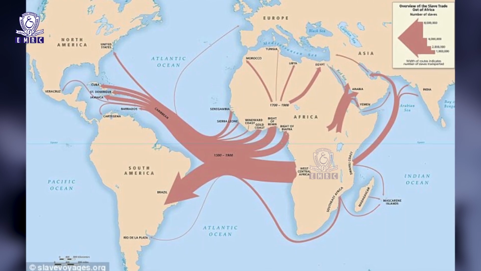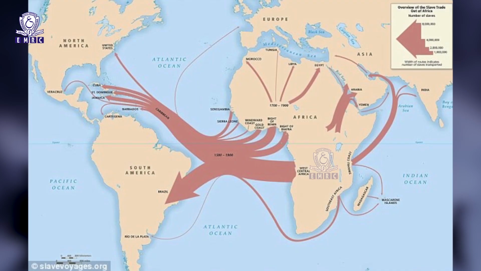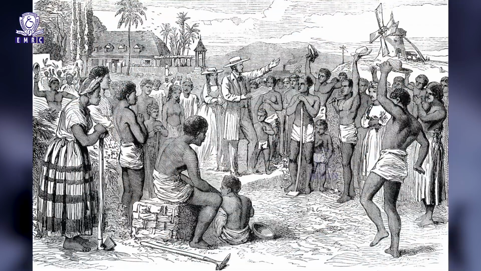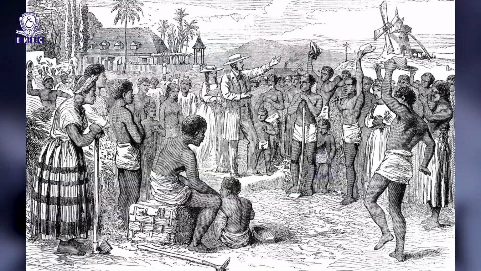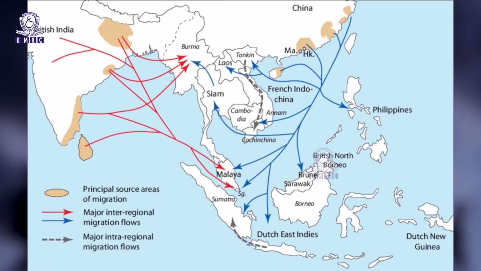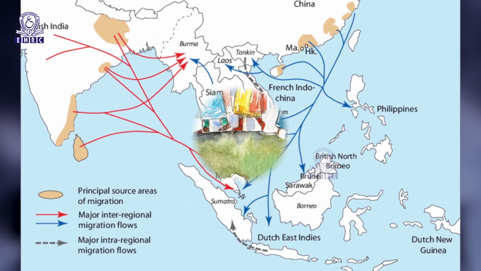The first phase of emigration from Asia to countries of America, Australia and Eastern Africa began as a result of the abolition of slavery in the British colonies in the 1830s. The demand for plantation labor was met by the recruitment of indentured laborers from India and later from China, Japan and Philippines.